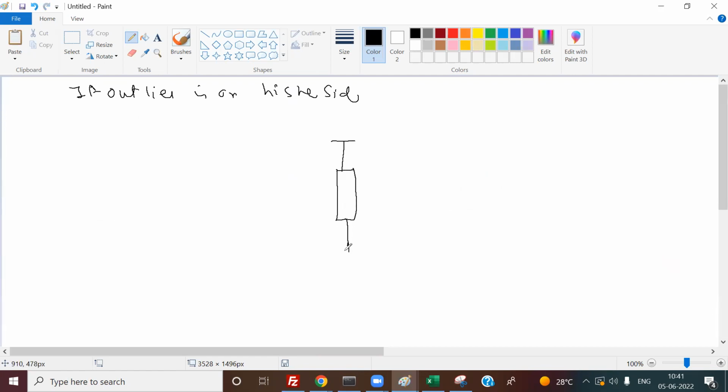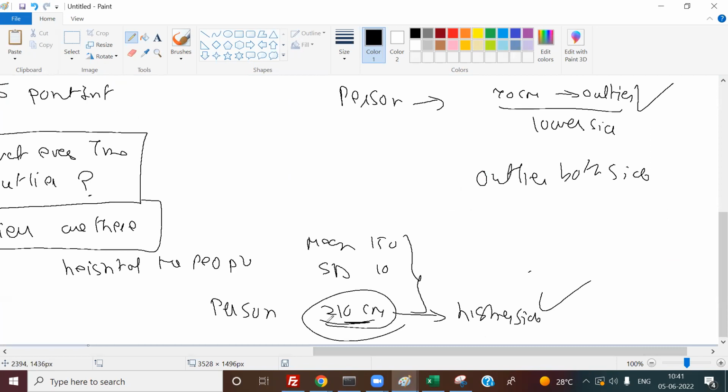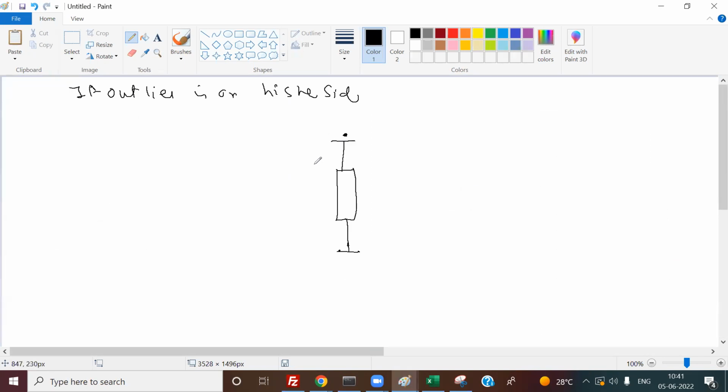There would be one point. Let's say there is one person who is of height 210. Then you will get 1 point on the higher side. So if this point is coming, it means there is one person who is an outlier. Okay? So outlier on higher side.